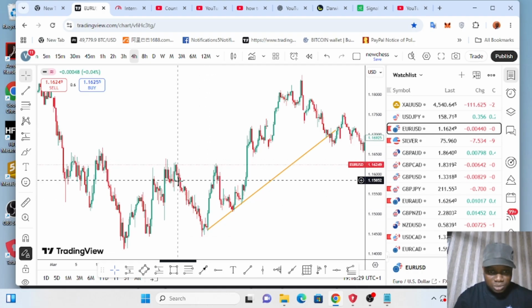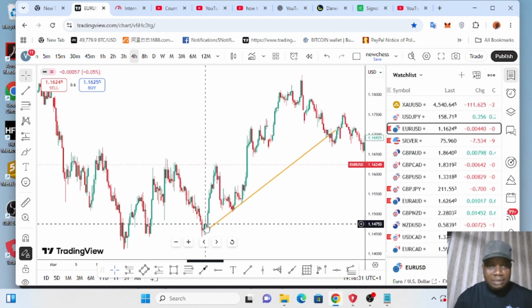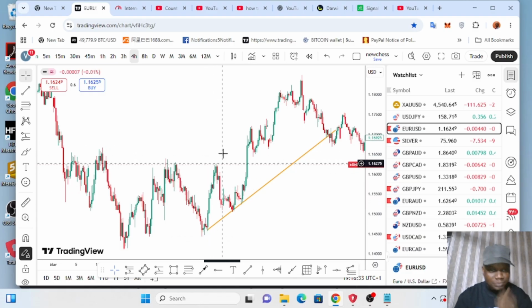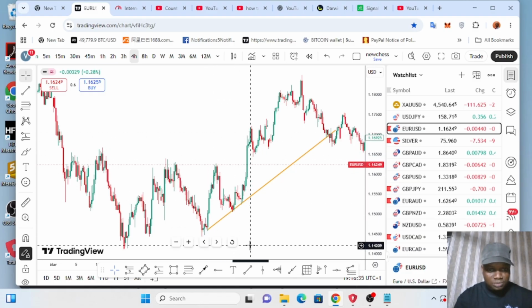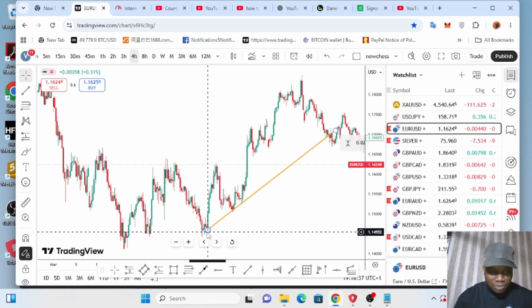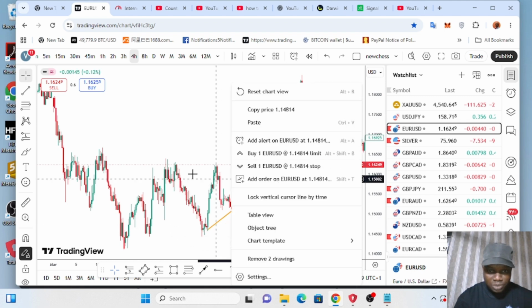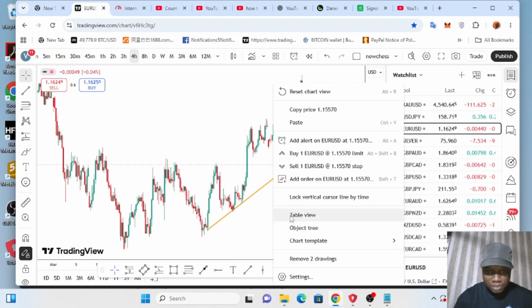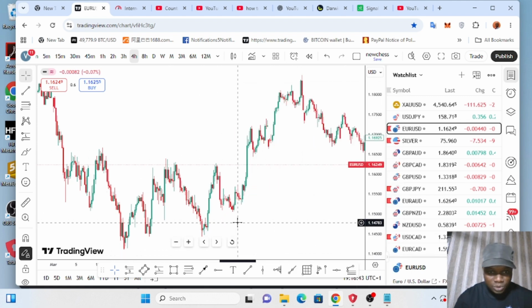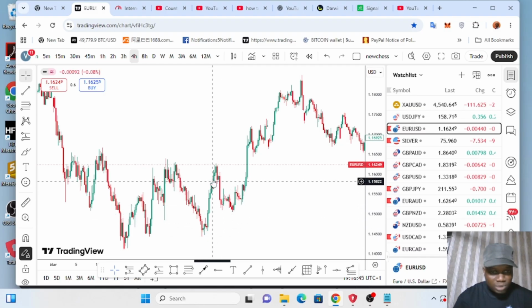This is a structure coming down. So the first point must first of all break a structure. Okay, for example, now let's do it correctly. I remove this trend line. This has not broken the structure. The trend line will not start from here.